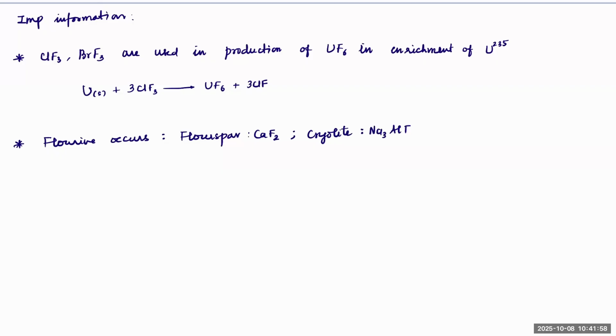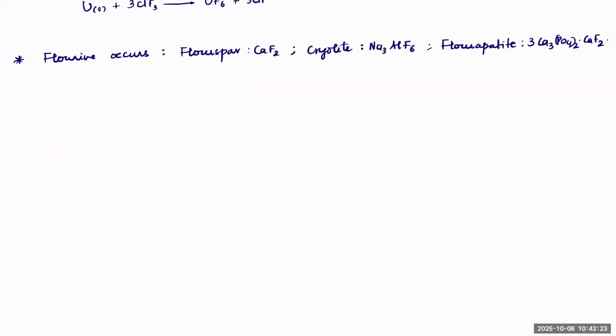If you remember, this was used in metallurgy as a solvent for extraction of aluminium. Next, fluorapatite, which is 3 moles of calcium phosphate dot CaF2. These are the uses which you need to remember. Clear?